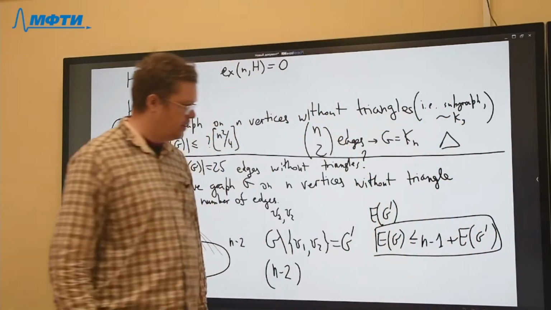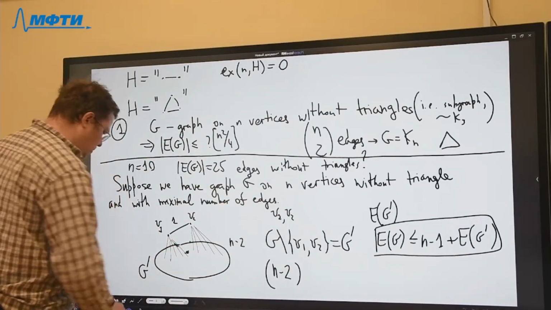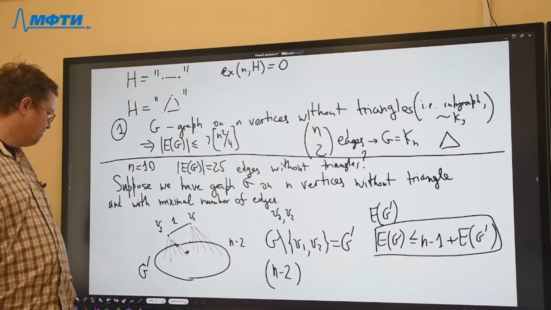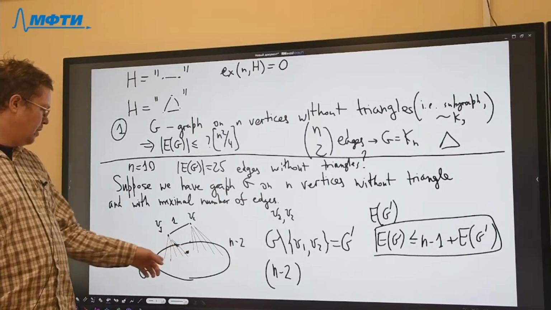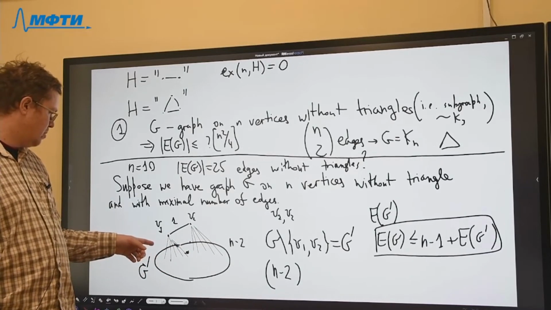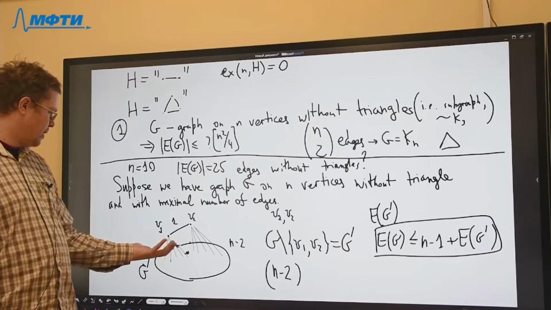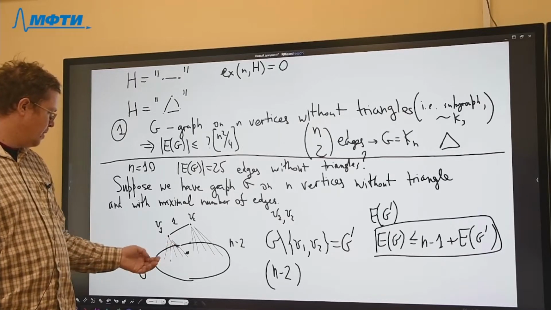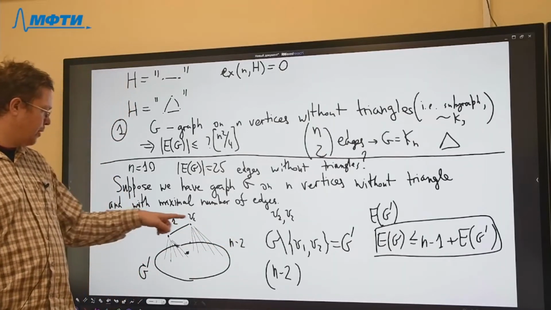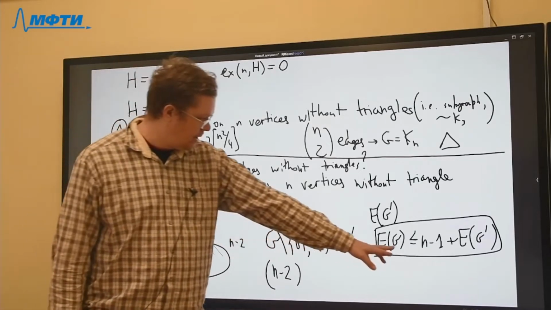If we take this new graph and calculate all the edges outside this subgraph, then we'll have not more than n minus 2 edges coming from V1 and V2, and one edge between V1 and V2. So we have this inequality.